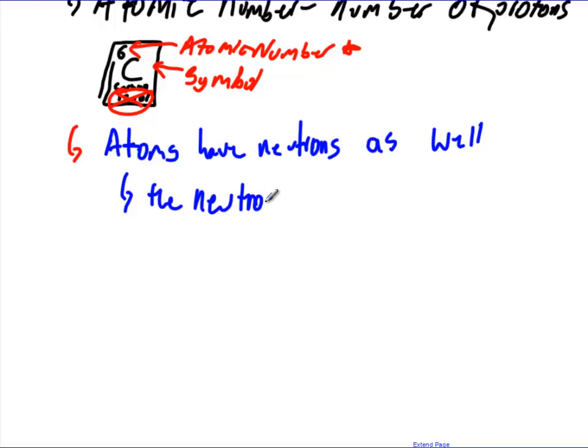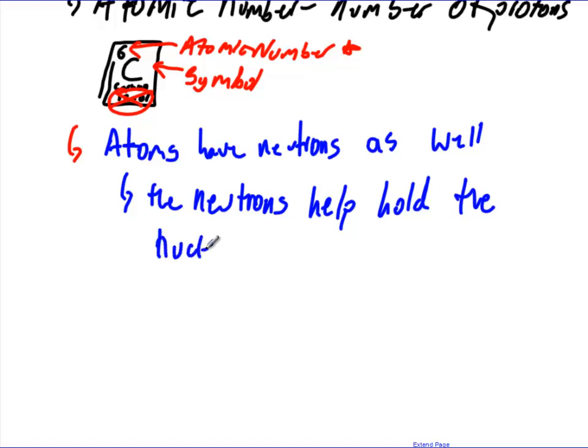The neutrons hold the nucleus together, or help, because all those positive charges, they don't really want to hang out together. Positive charge repels other positive charge, and so the neutrons act as a balancer, really. They help make the nucleus stable. So the neutrons help hold the nucleus together.